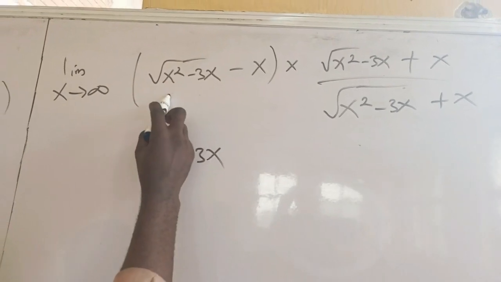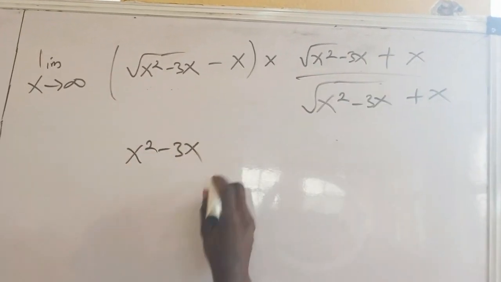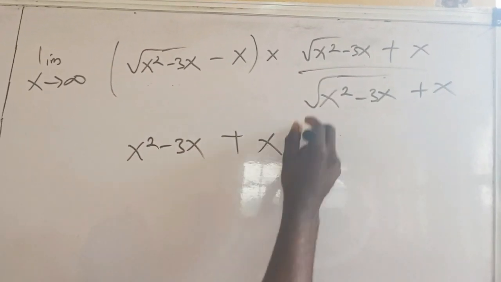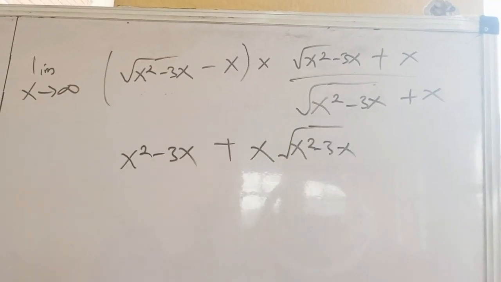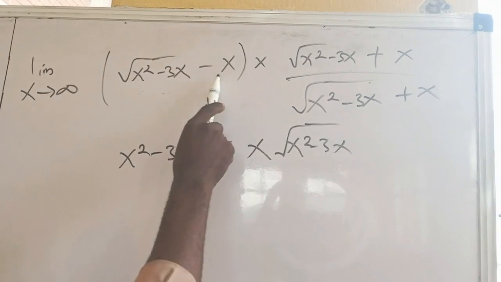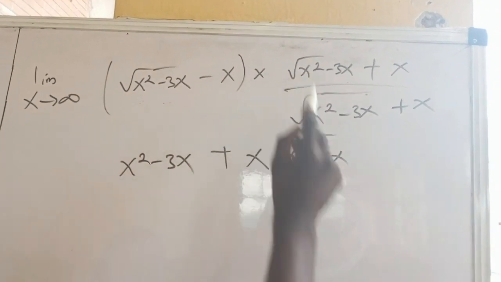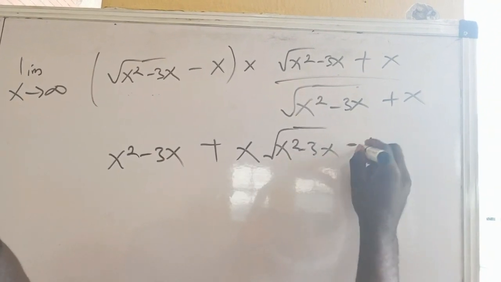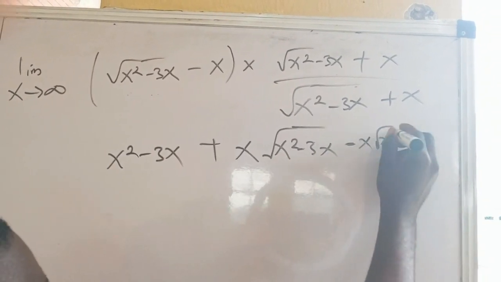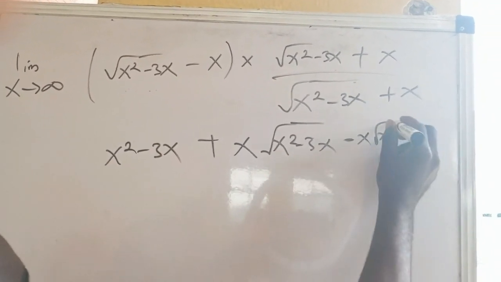And then the root of x squared minus 3x multiplied by x gives us plus x root of x squared minus 3x. Then we have minus x multiplied by this, minus x root of x squared minus 3x.